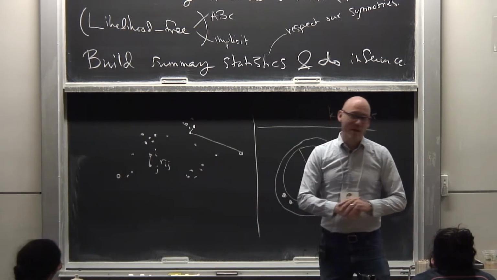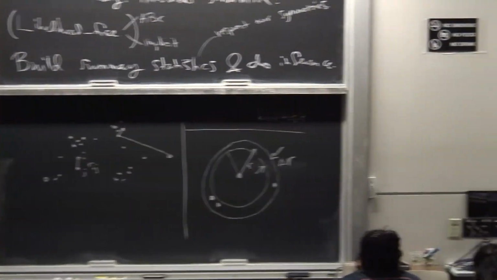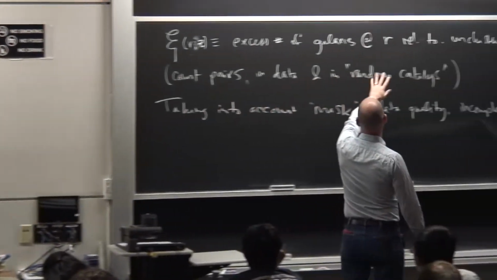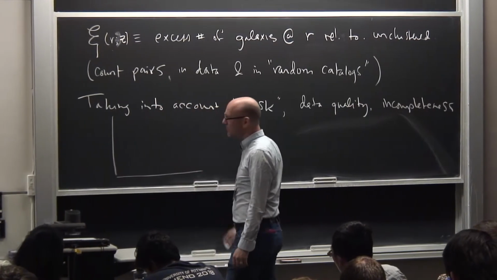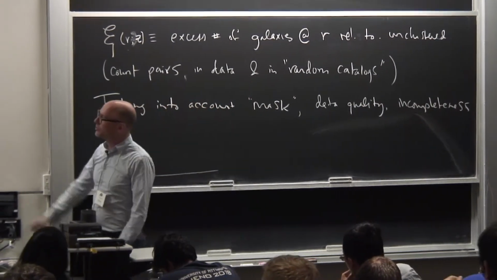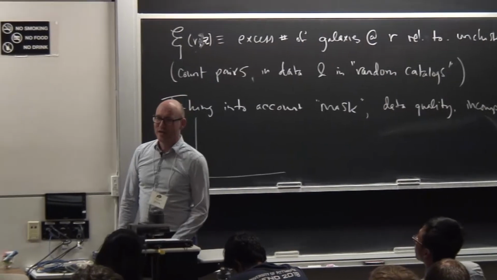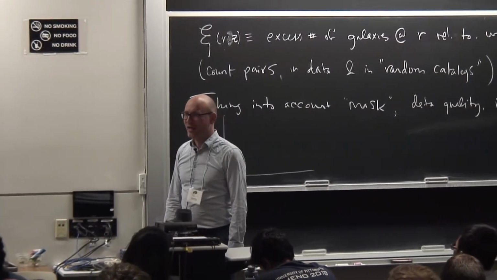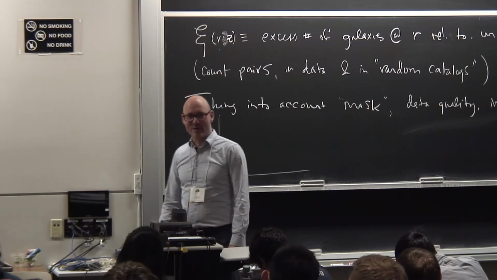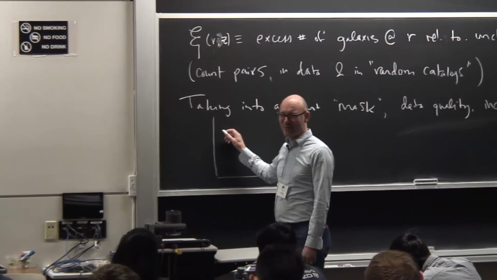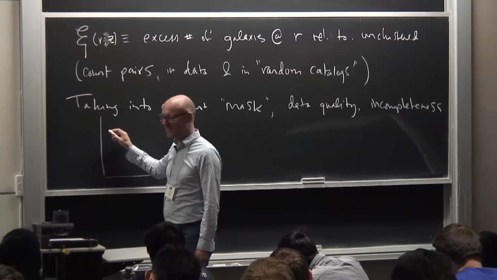Okay, now what we do is we count pairs. We do all that with respect to the random catalogs, and what we end up with, we take this enormous survey, which took 10 years to produce, and 250 people, and hundreds of PhD theses, and we produce like 12 data points that look like this.